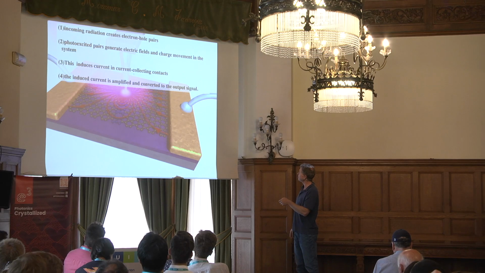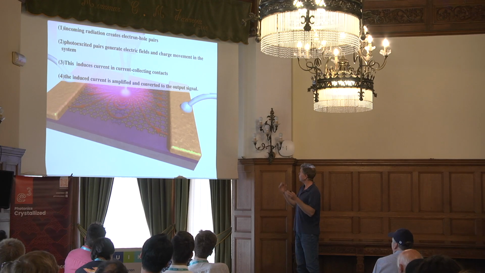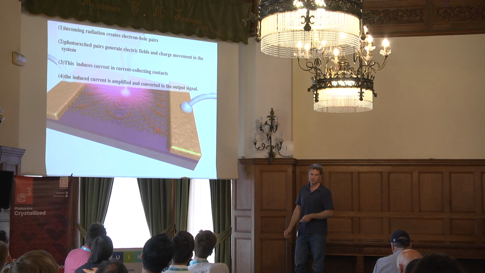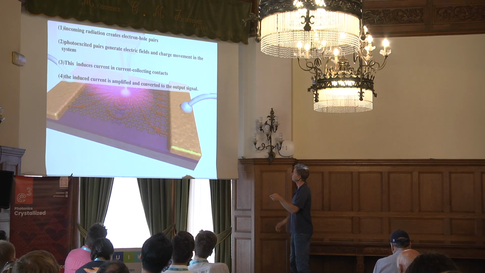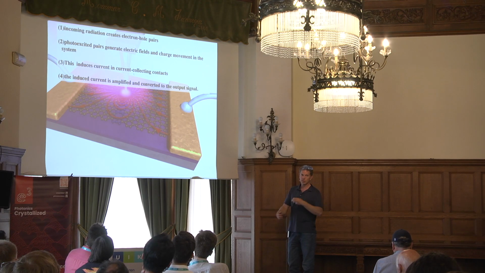Then this excitation can do potentially nothing, but it can also potentially locally create an electric field. Different mechanisms, I will explain this. It generates some electric field. When that electric field is generated, and you actually see it here in this picture, this electric field starts to drive currents in the system.